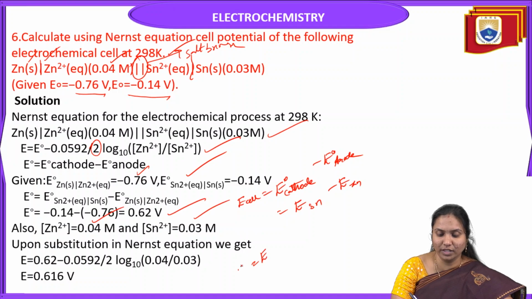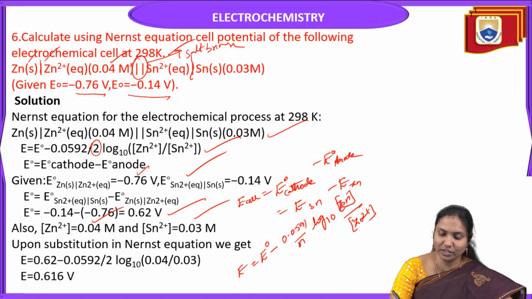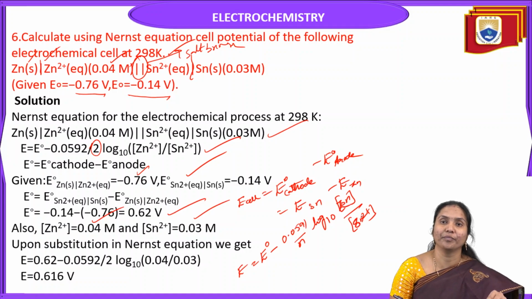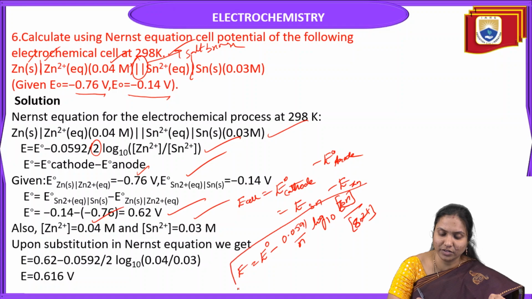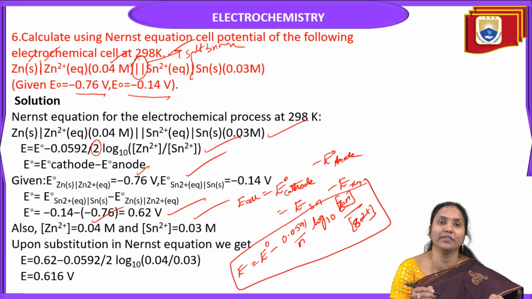E equals E naught minus 0.0591 by n log 10 concentration of zinc by concentration of tin. So by using this Nernst equation we can calculate the electrode potential of the given cell. Here the EMF of the cell is 0.62.